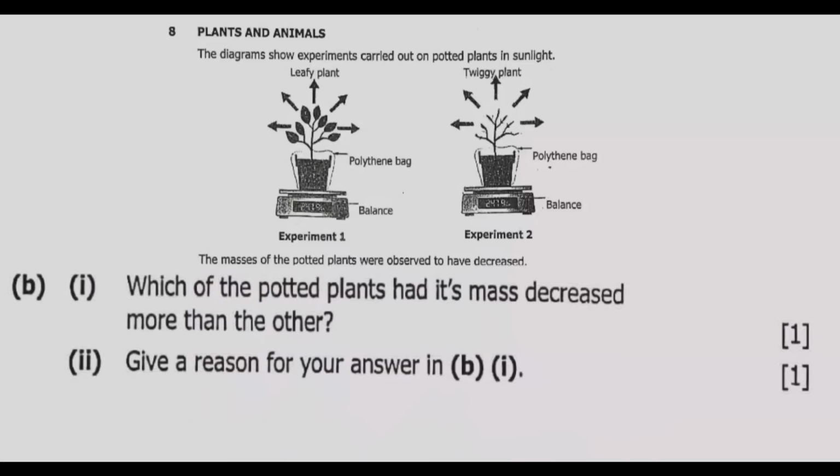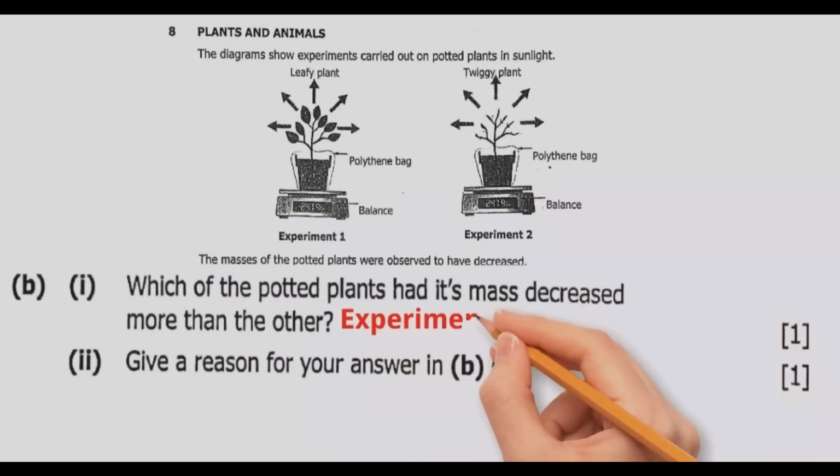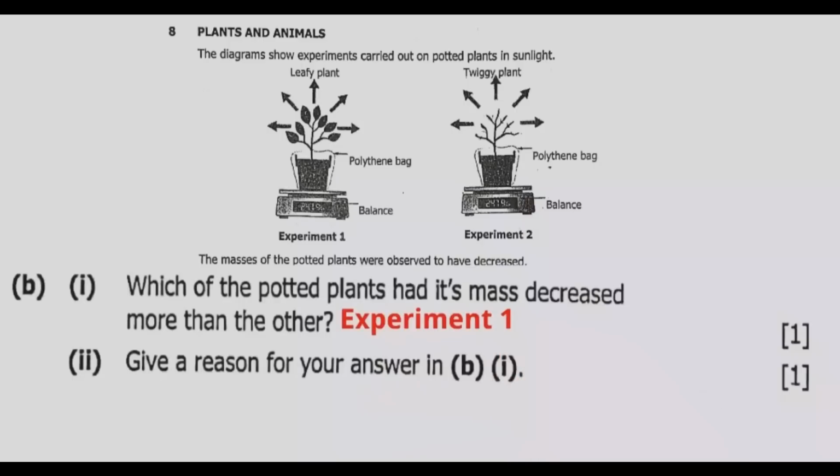Okay, we come to question 8b1. Which of the potted plants had its mass decreased more than the other? The correct answer is experiment 1. Why? The plant in experiment 1 has broader leaves.